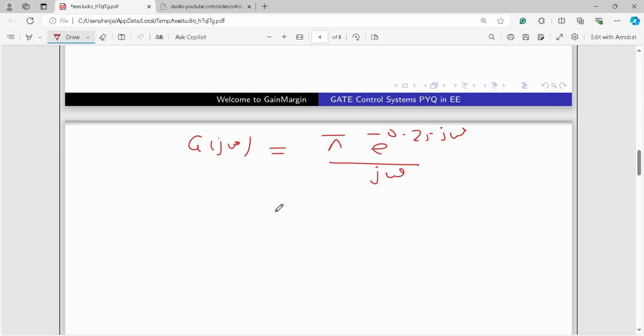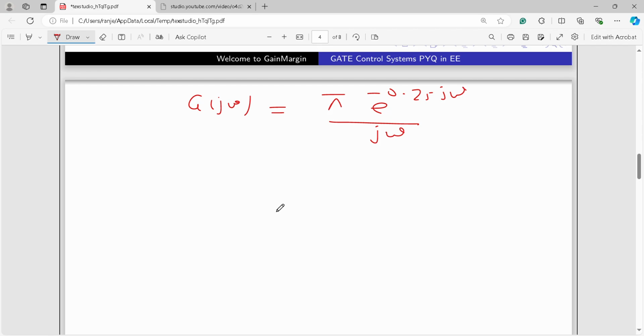We want the omega value at which the angle should be minus pi, because we want the negative real axis, so it should be minus pi.